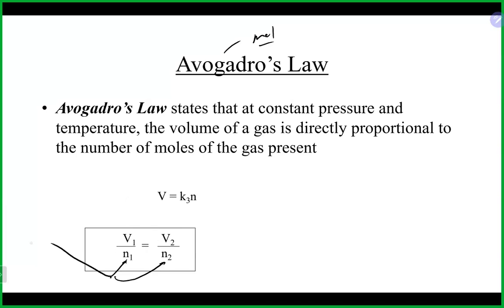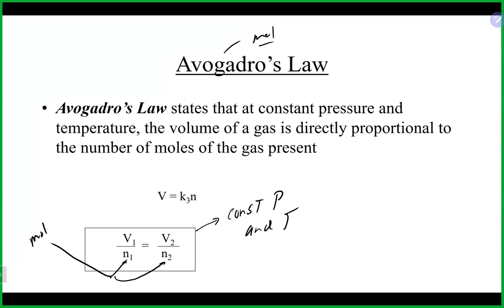These are moles of gas. V is obviously volume. Avogadro's law is under two conditions, and that is constant pressure and temperature. So for Avogadro's law to be in place, you have to have constant pressure and temperature.